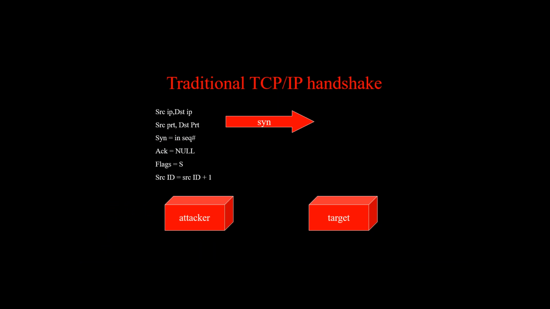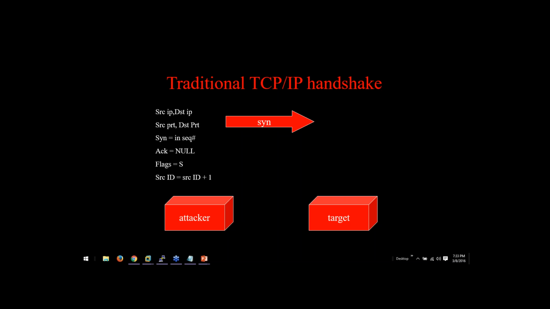Okay, so you've got your traditional three-way handshake where the attacker and the target are going to send some traffic. I'm the attacker. I'm going to send a SYN packet, and that SYN packet will have a source IP, a destination IP, a source port, and a destination port.